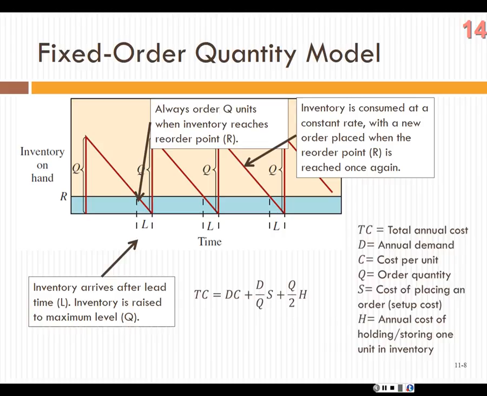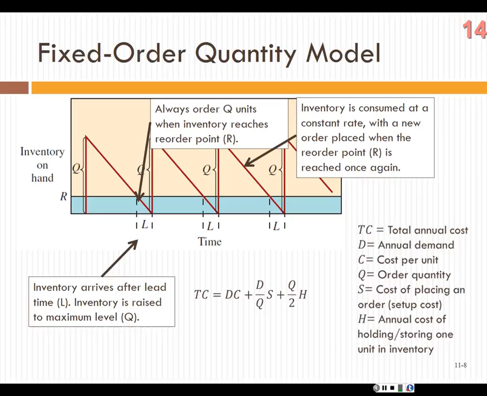Yep, Q divided by 2 times H. So if I solve then for Q to determine my optimal order quantity, basically I'm going to go times 2. Okay. D divided by Q times S is equal to Q divided by 2 times H.